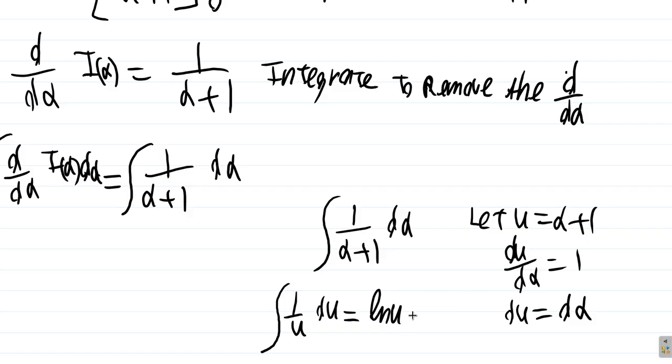So now, if you want to put it back in the original format, you would get ln alpha plus 1 plus c.